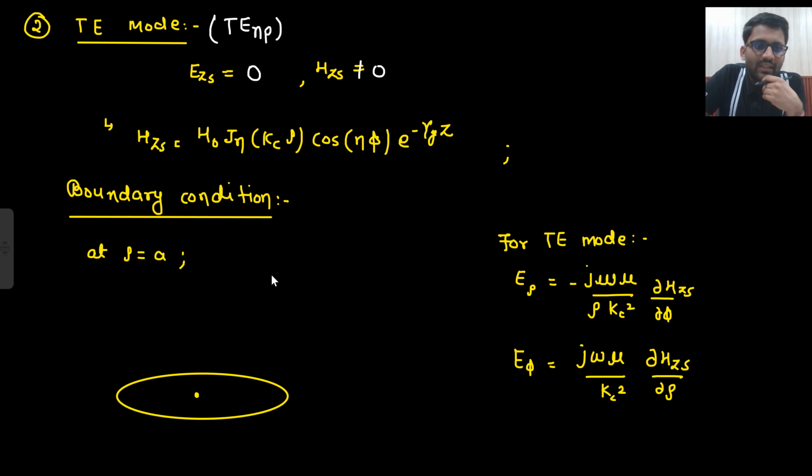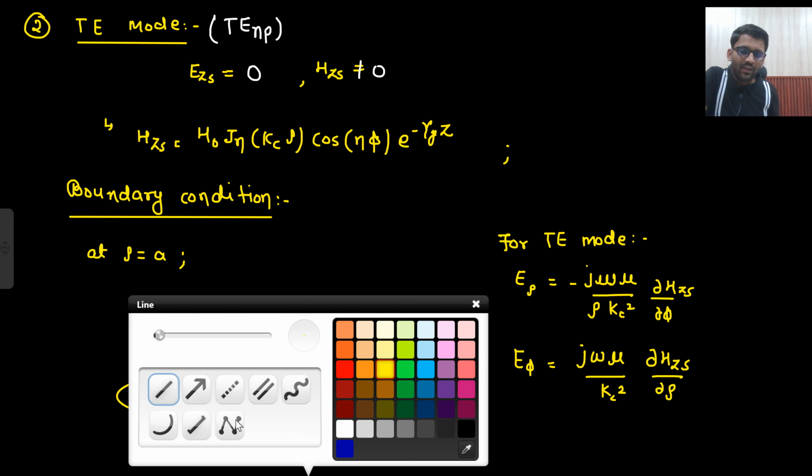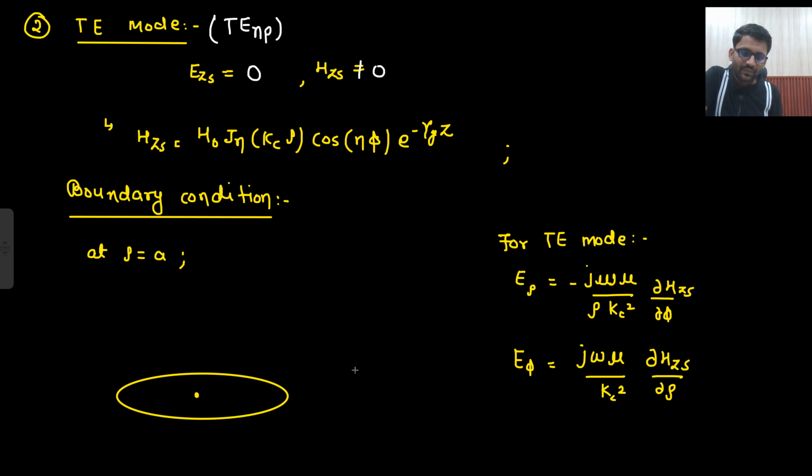Now if I need to apply the boundary condition, that means I need to come at rho equals A. At rho equals A, I know that the tangential component of electric field will be 0, that is, EZS and E phi s will be 0.